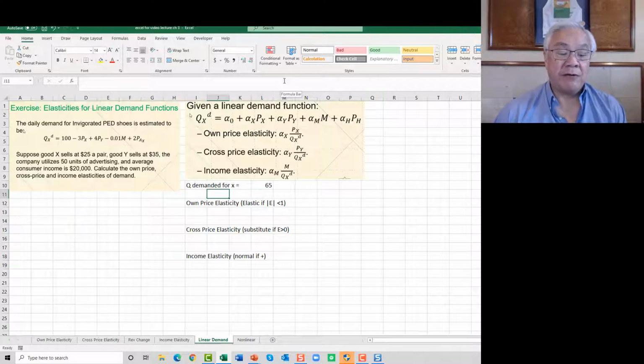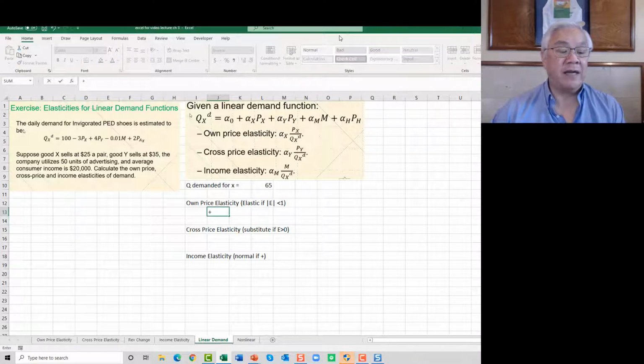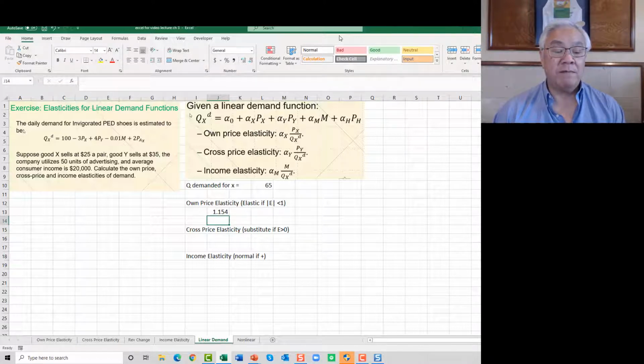So now we can calculate the own price elasticity using this expression here. It's the alpha of X, which is 3, times the price of X, which is 25, divided by Q, which this time is 65. So it's 1.14.